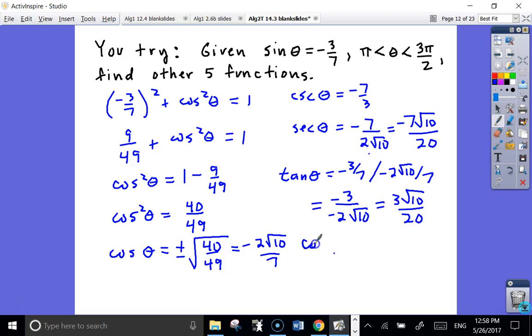And cotangent is the flip. But I'm going to flip this here, not this last thing. I would just have to rationalize the denominator again. I'll just flip this thing. I'll let the negatives cancel, but that'll be 2 times the square root of 10 over 3. So that is that. Okay, next.